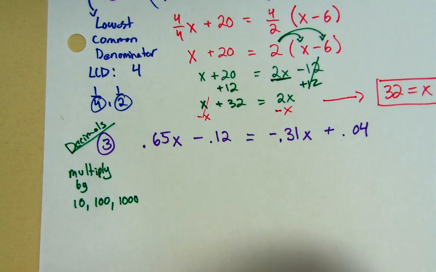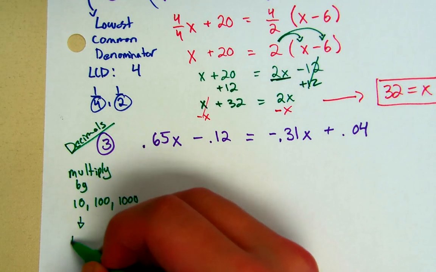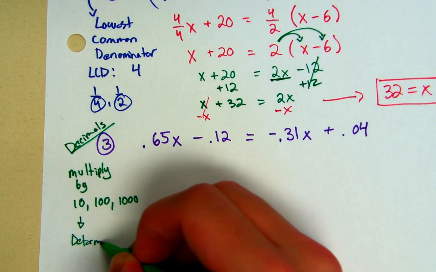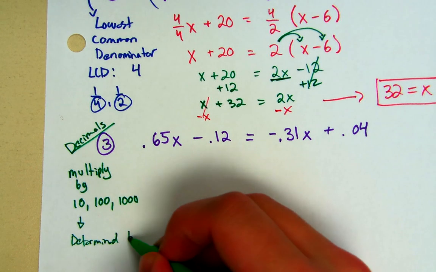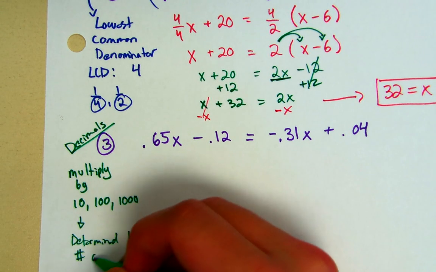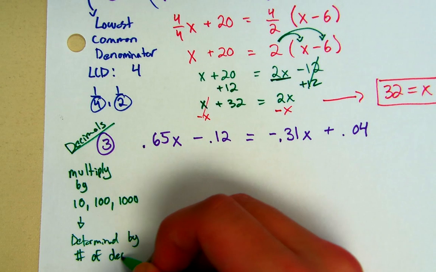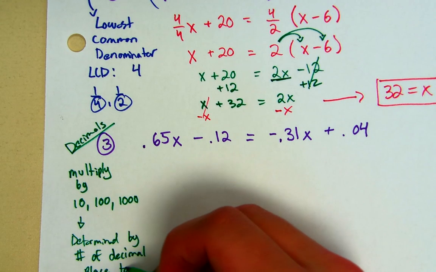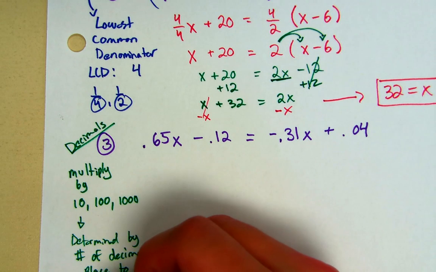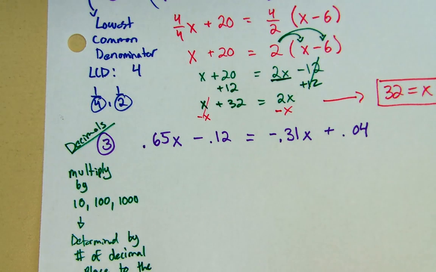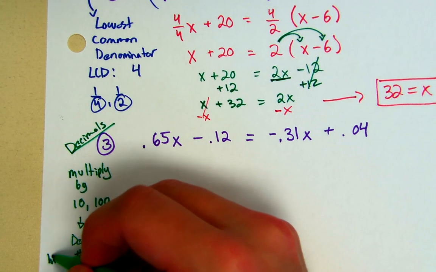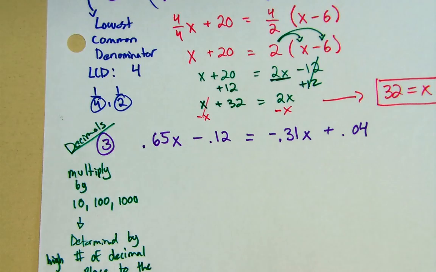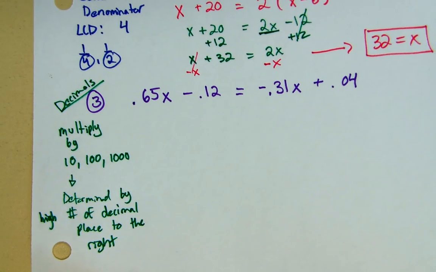And that is determined by the number of decimal places to the right. And then that's actually the highest number. So the highest number of decimal places to the right.